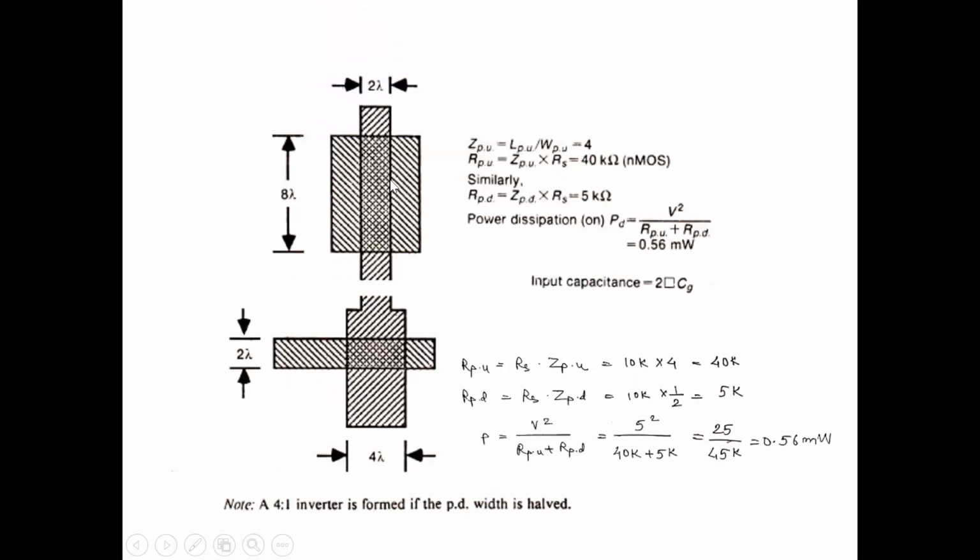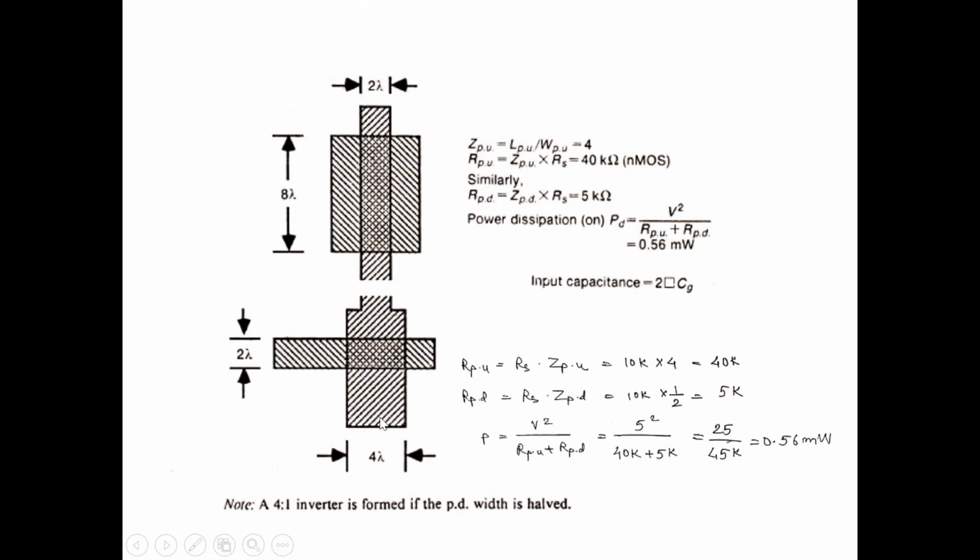Similarly, when we are going for another aspect ratio, where the pull-up has a length of 8 lambda and width of 2 lambda, and the pull-down has a length of 2 lambda and width of 4 lambda, what will be the aspect ratio? Here it is going to be 8 by 2, 4 into 10K is 40K.